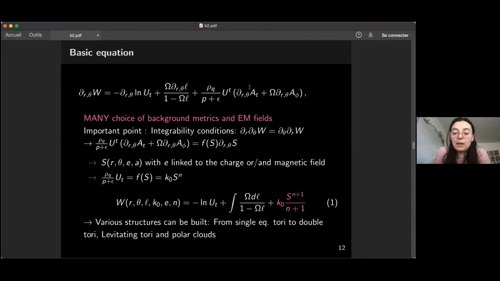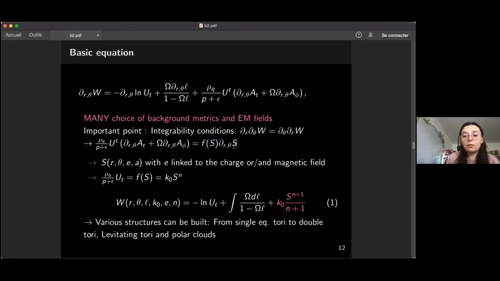This is going to be led by one important point, the integrability condition of that equation, because if we want to write it as an integral, we need to fulfill this integrability condition. So to do that, we decide to set that part of the equation as a derivative.